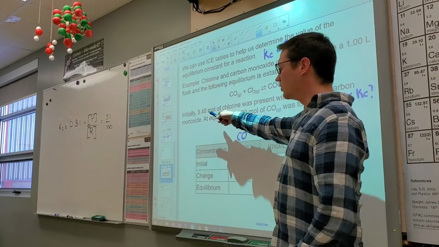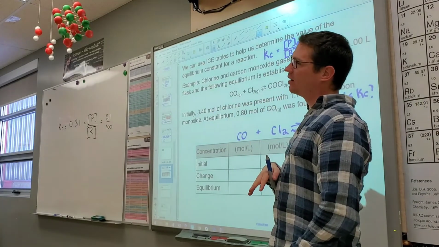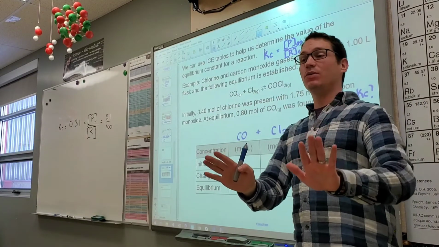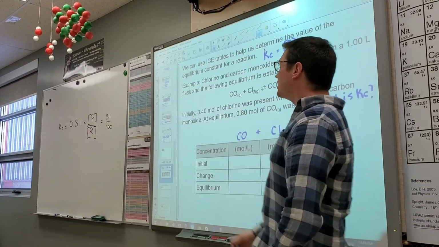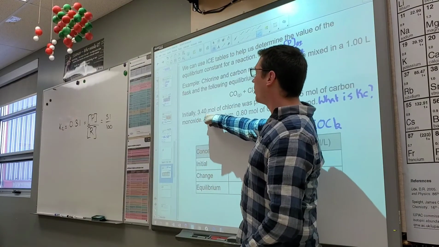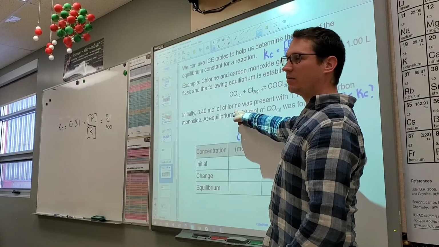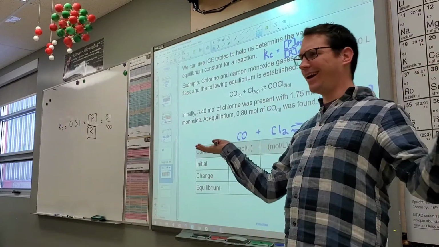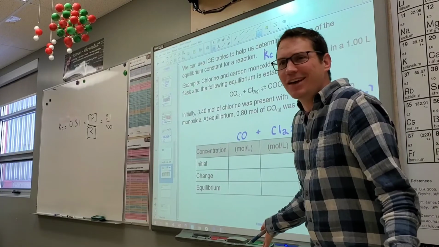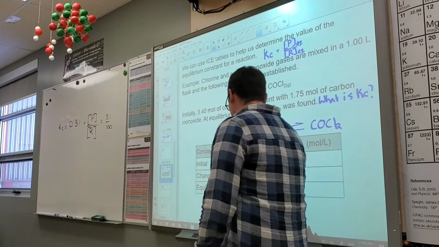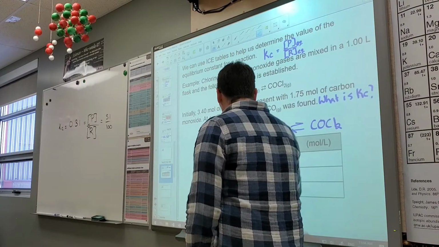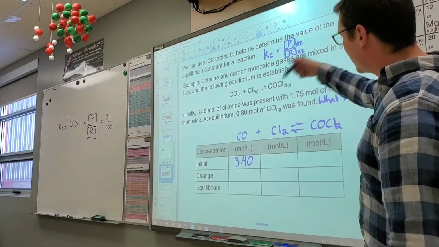They give us moles, but what do we actually want it in? Moles per liter. 9 times out of 10 we want it in moles per liter, okay? So let's take our 3.4 moles of chlorine and divide it by our volume. What's our volume? 1.0. So 3.40 moles per liter, because it's that divided by 1.